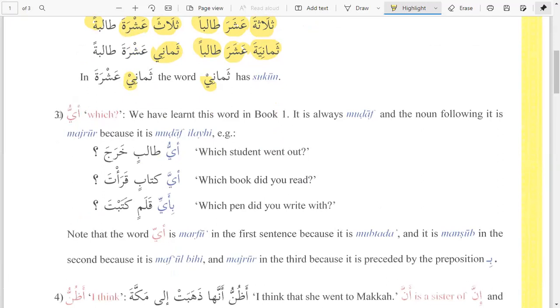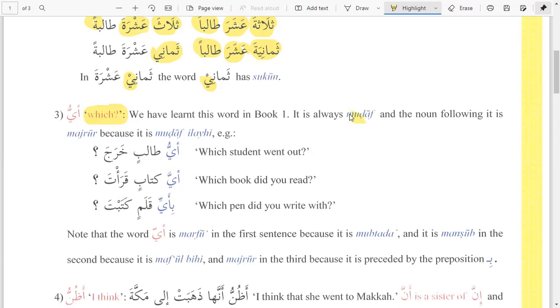Next is ayyu. Ayyu means which. We have learned about this in the first book, Durusul Lughatul Arabiya first book. Ayyu always comes as a mudaf.